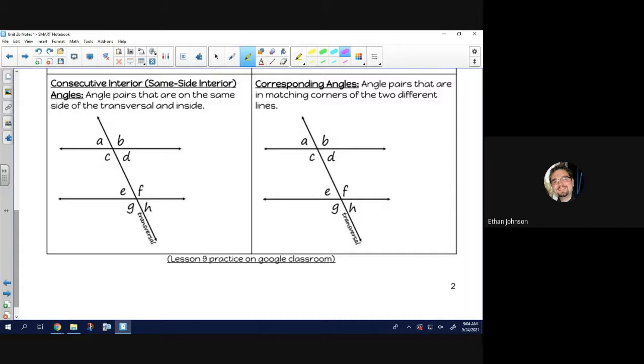So we're referring to the same side of our transversal. Then interior, so inside. So angle C and angle E would be a pair. Also angle D and angle F. Those would be our same side interior angles.